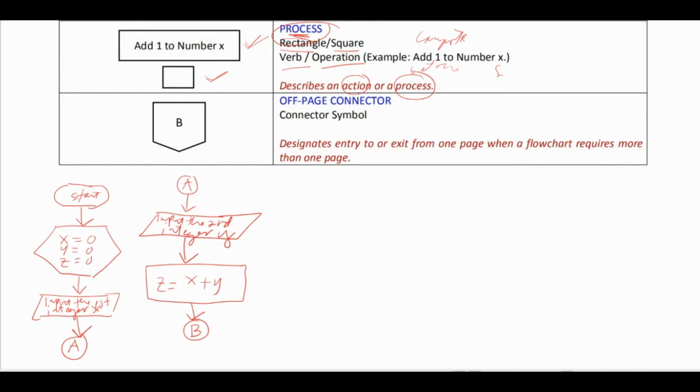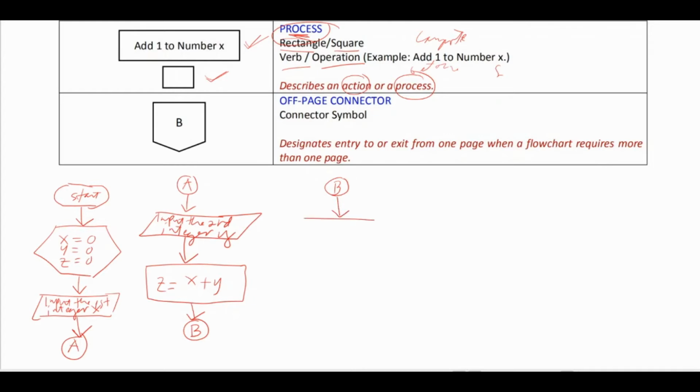That is the standard or normal convention for labeling the connectors. So this is again an exit point on-page connector of the flowchart subsection, and this is the entry point of B, the on-page connector. After we compute the sum z, we will output that value.